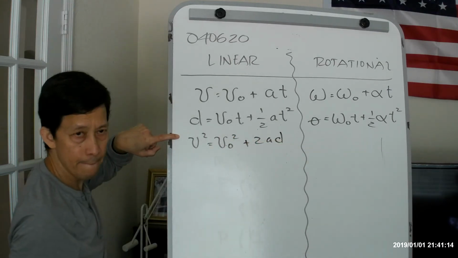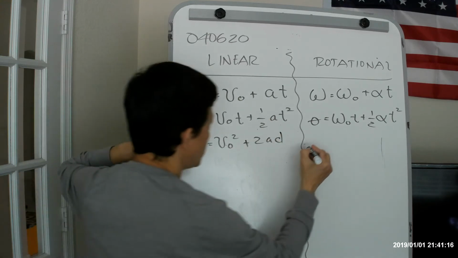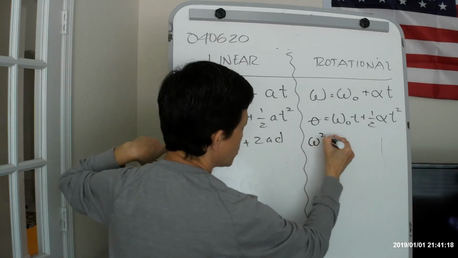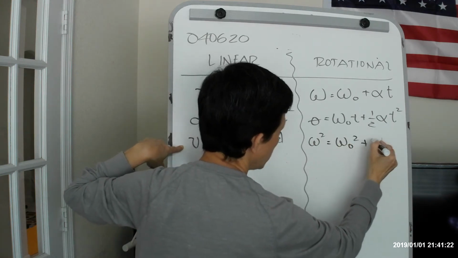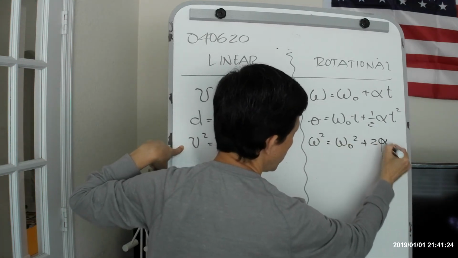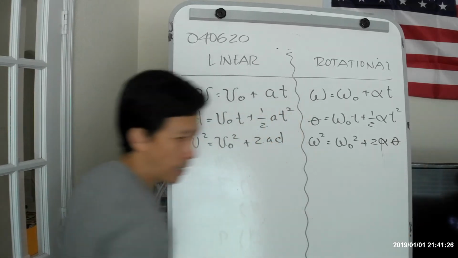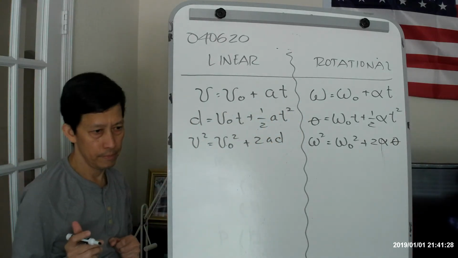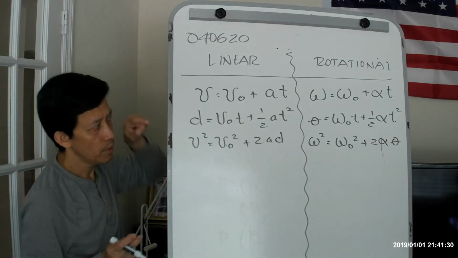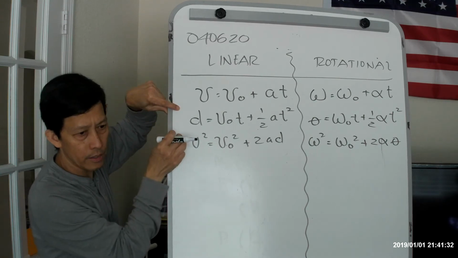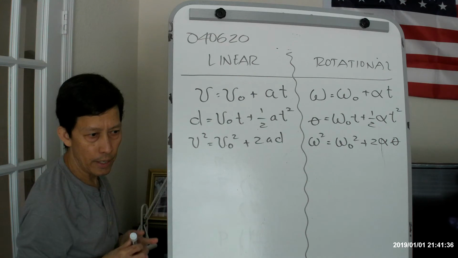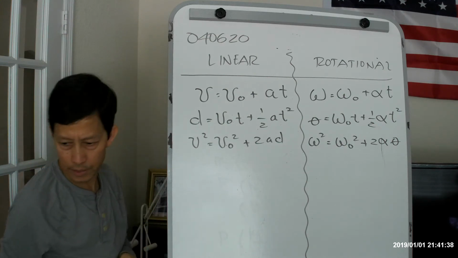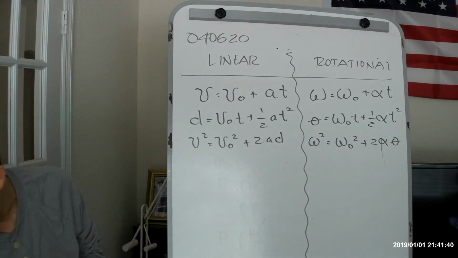For rotational, this becomes omega squared = omega naught squared plus 2 alpha theta. So linear kinematics, rotational kinematics. Everything else applies.